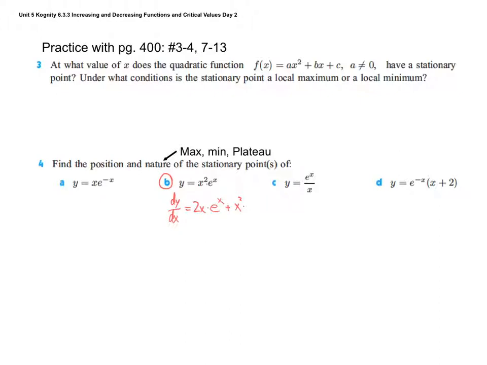It stays the same. Sorry, for ln of x, the derivative is 1 over x. All right, so now we look at this and we see some common factors, because remember, we want to set this equal to 0 because we want to find critical points. So I have x times e to the x times (2 plus x) if I factor out my common factor. So what are my answers?